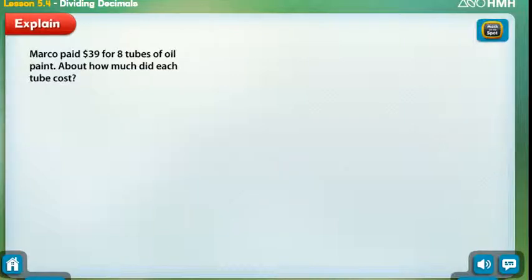Margot paid $39 for 8 tubes of oil paint. About how much did each tube cost? To solve the problem, let's divide using long division. Remember that the dividend is the number you're dividing. The divisor is the number you're dividing by. And the quotient is your answer.